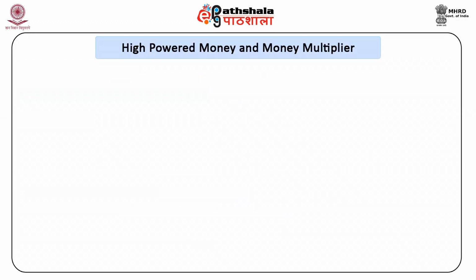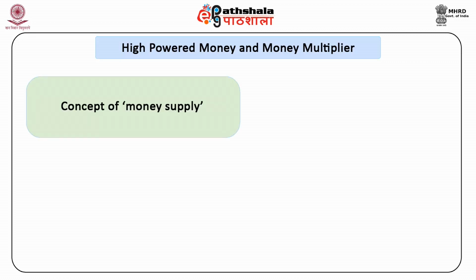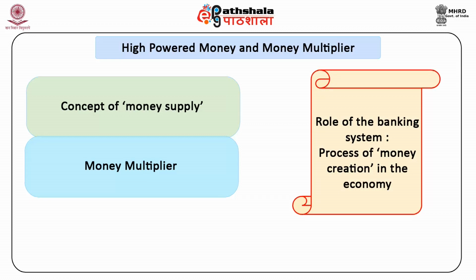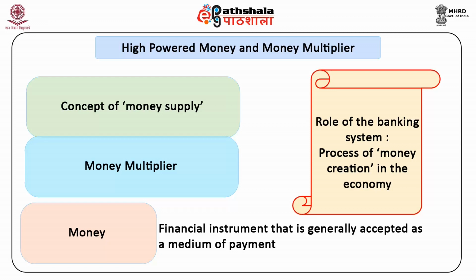High-powered money and money multiplier. We now look a little more closely at the concept of money supply and explain what is meant by the money multiplier. This will also help us understand the role of the banking system in the process of money creation in the economy. We know that money is defined as a financial instrument that is generally accepted as a medium of payment.